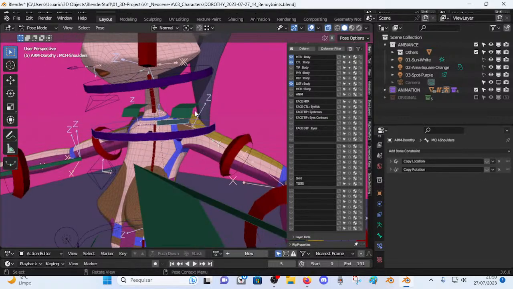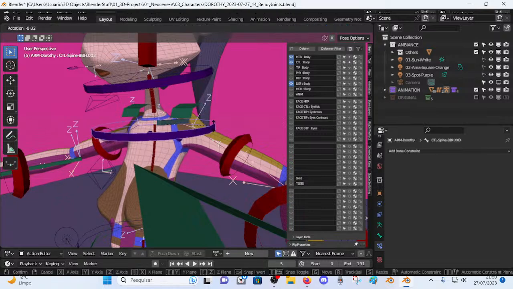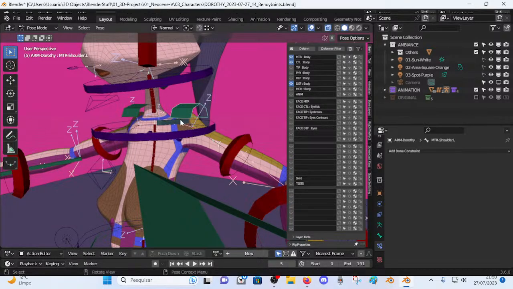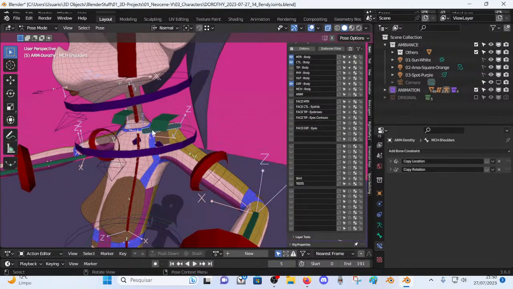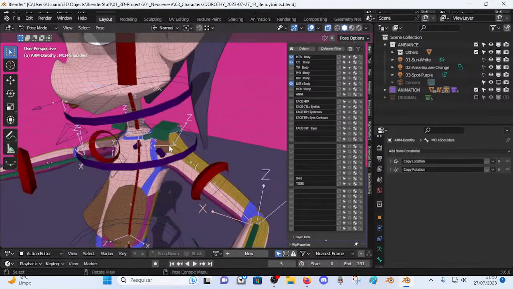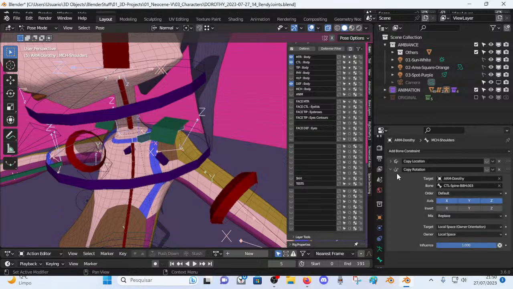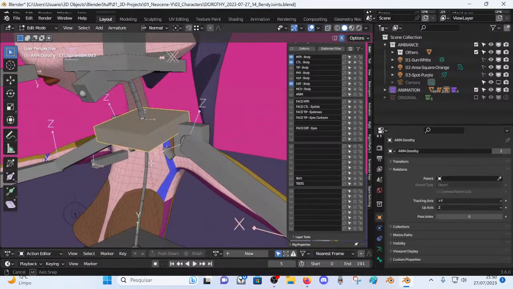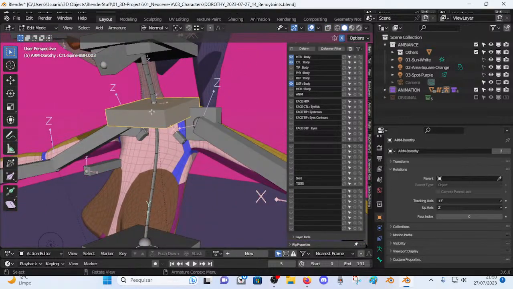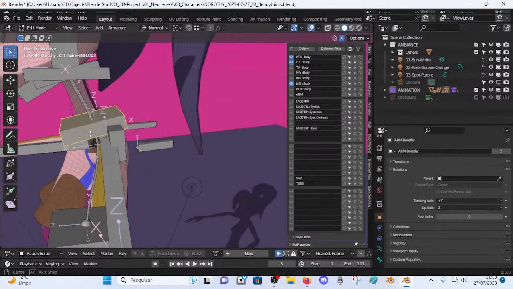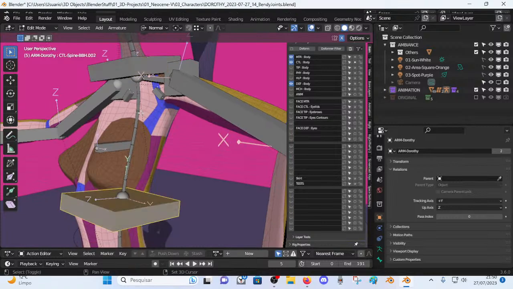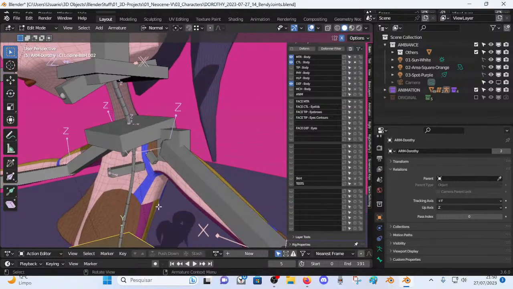And the reason why, by the way, the shoulders weren't moving properly was just because I had made the wrong parenting there. So the correct parenting is this one, the big one, which is one of the handles for the middle of the spine.